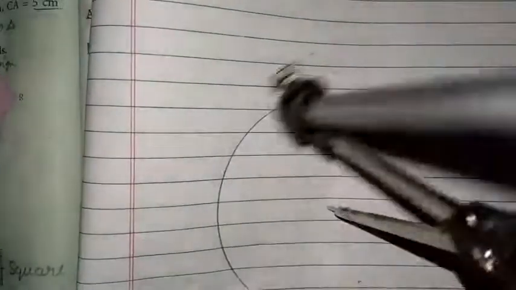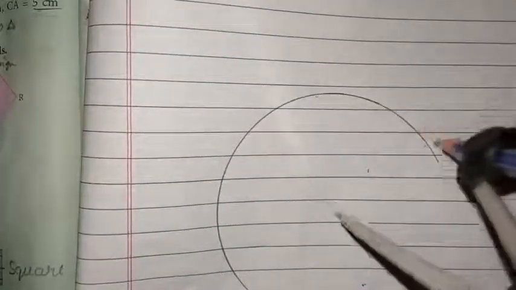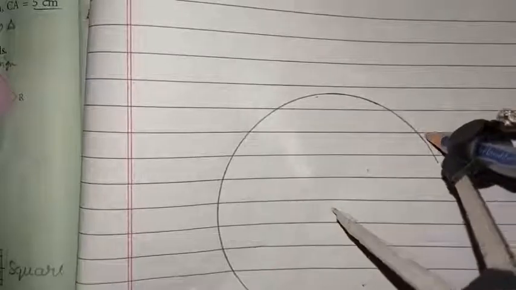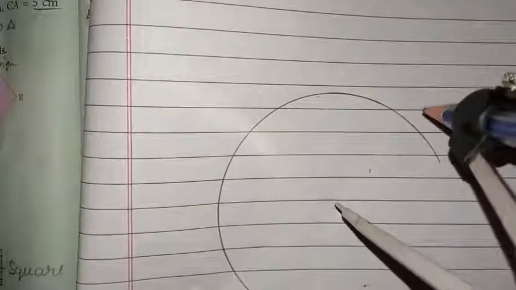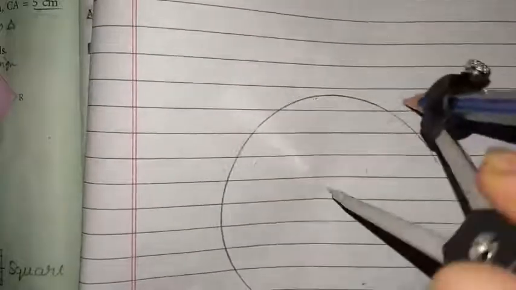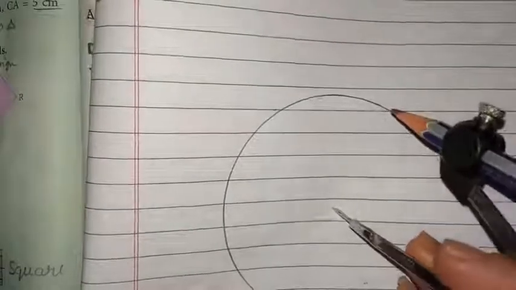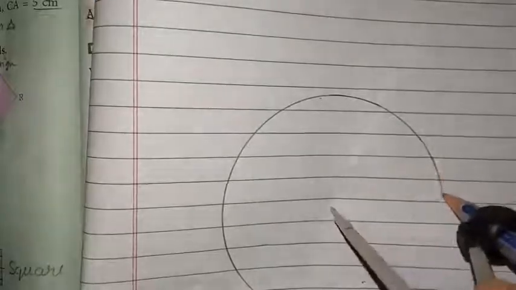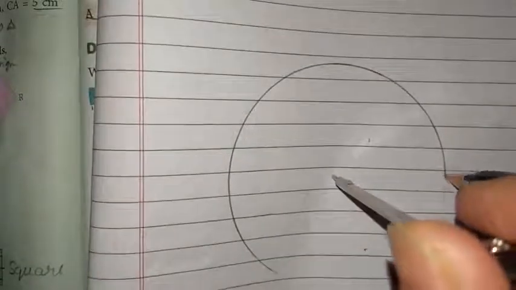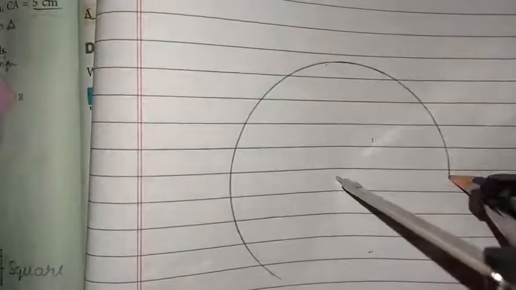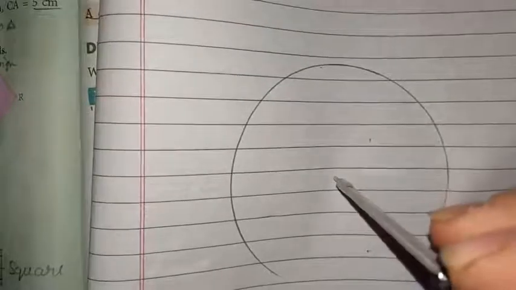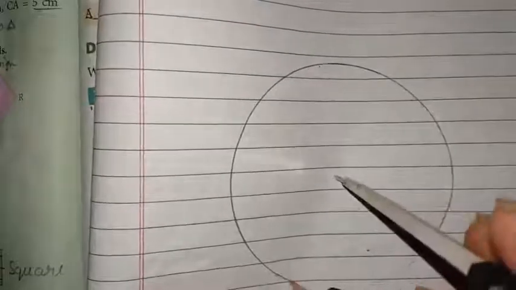You will not miss the point where you are keeping it. If the next time you start making from somewhere else, it will be incorrect. You should know from where you have started, otherwise your circle will be of different measurement. That's why I want you all to practice this properly.